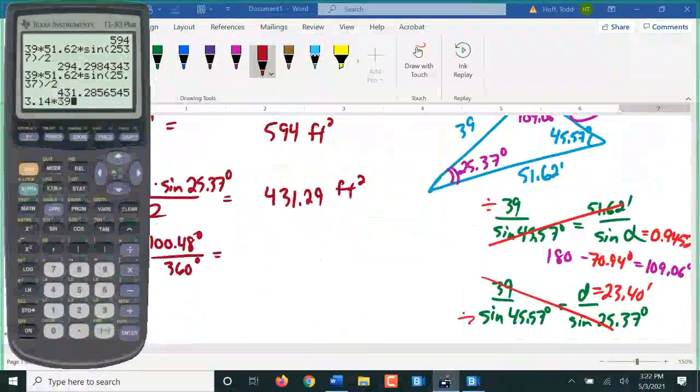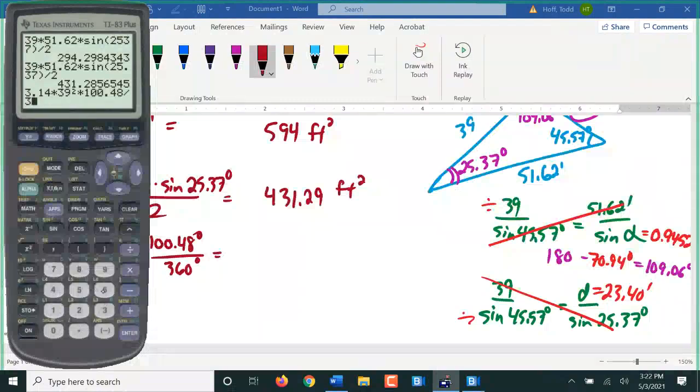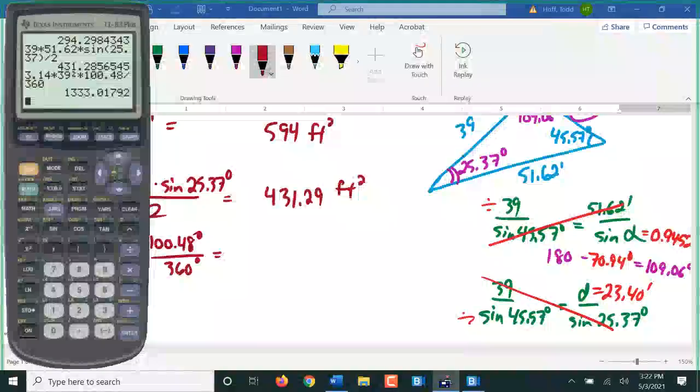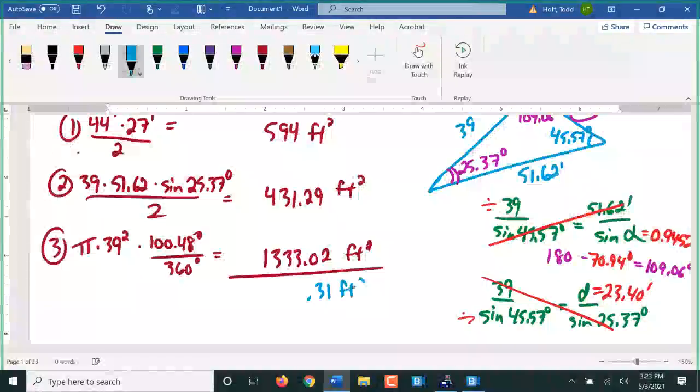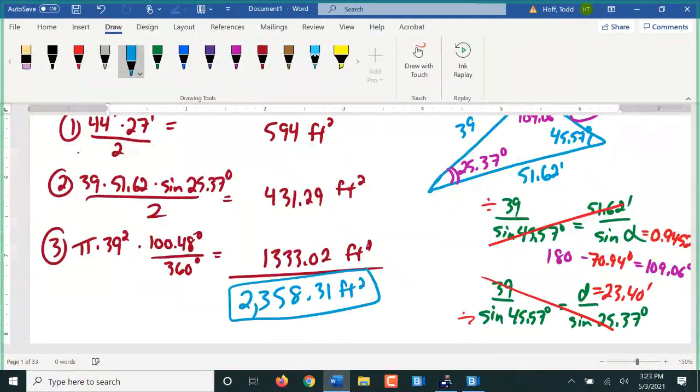Pi times 39 squared times 100.48 over 360. 1333.02. 2358.31 square feet is that total area.